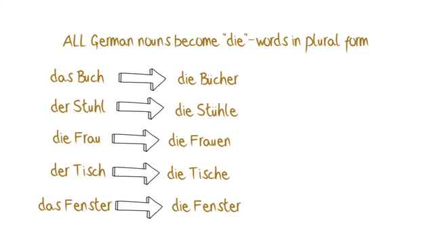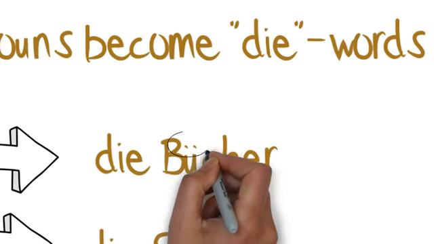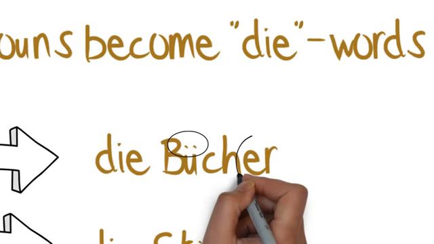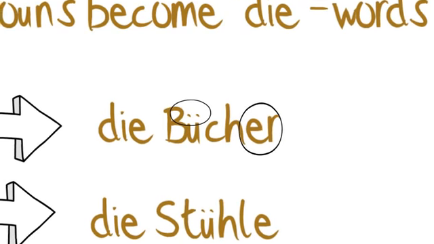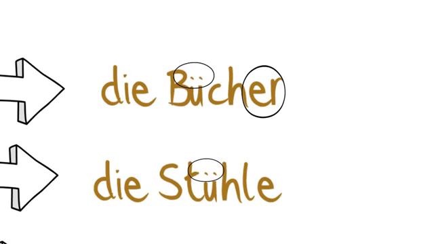Notice what has happened to these nouns to become plural forms. Besides changing the article to die, Buch has added an umlaut on the U and an ER at the end of Buch to become Bücher. Stuhl has added an umlaut and the letter E to become Stühle.